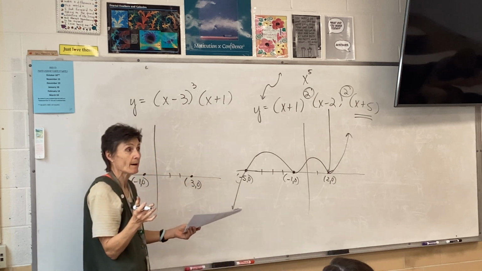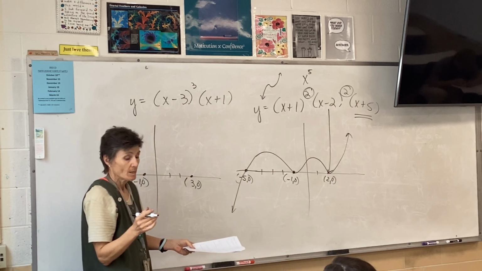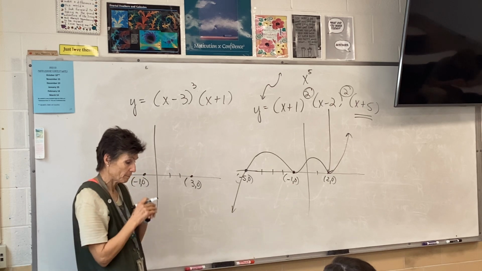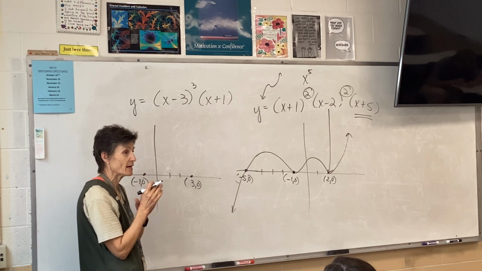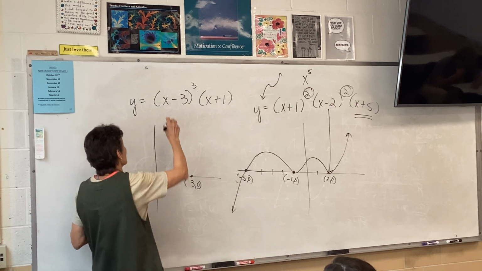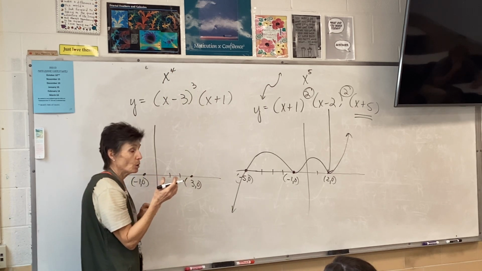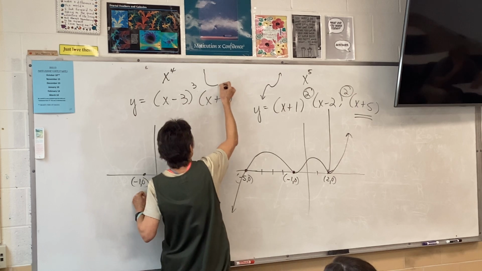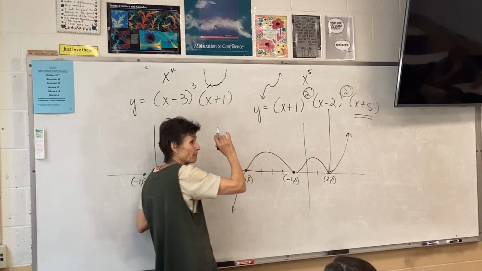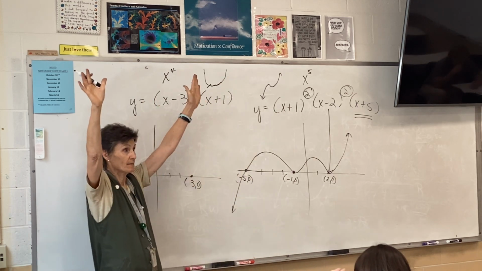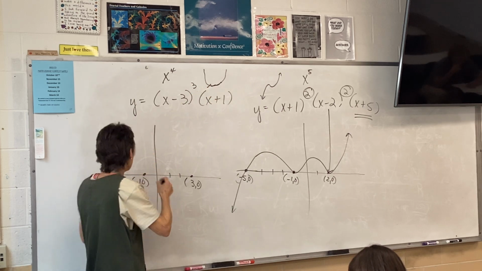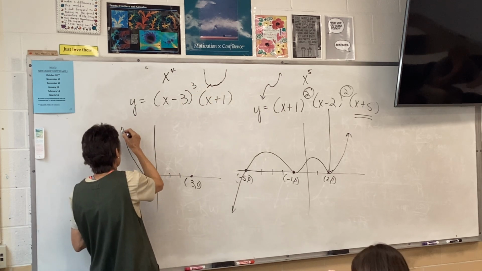Would everybody agree with that? What's the total degree of the problem? If we multiplied everything out, we would have x to the 4th, which is an even number, which means starts up and ends up. We don't know what's happening in between, but that's how it starts and ends, right? So I know it starts up here and comes down like this.